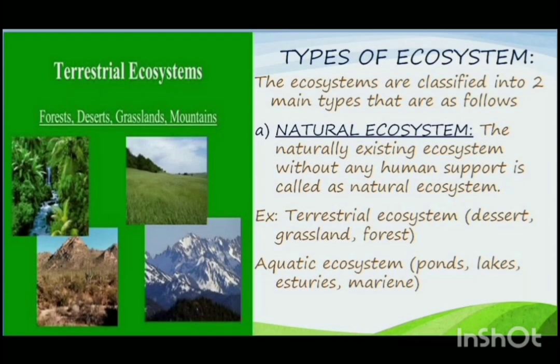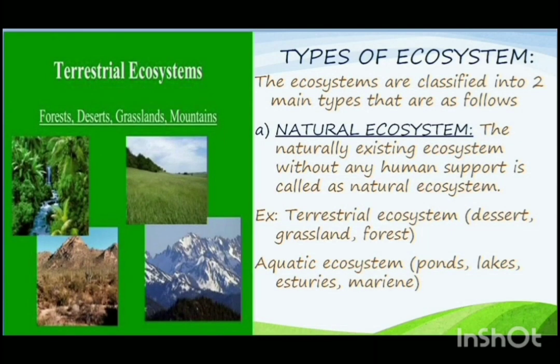So coming to the next concept, that is the types of ecosystem. There are so many types of ecosystem. The main, very important types are two: natural ecosystem and artificial ecosystem. Natural ecosystem means the naturally existing ecosystem without any human effort. It occurs in nature naturally.